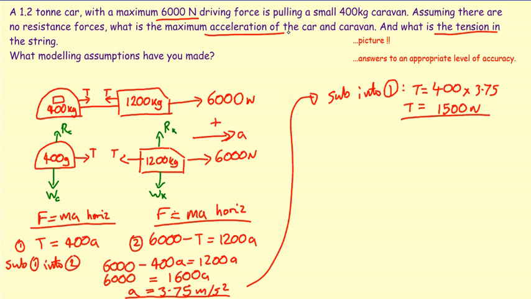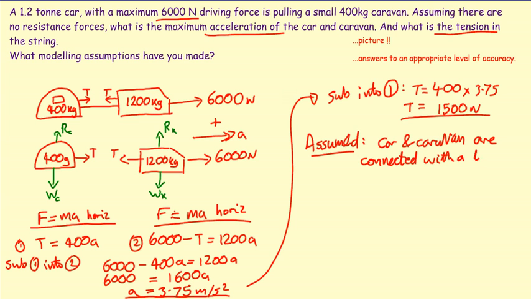What modelling assumptions have we made? Firstly, we've assumed that the car and caravan, sorry for the bad writing, are connected with a light, inextensible string.